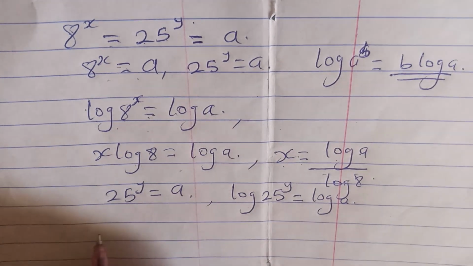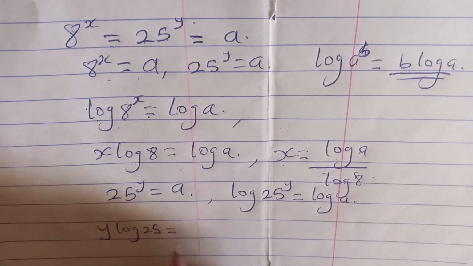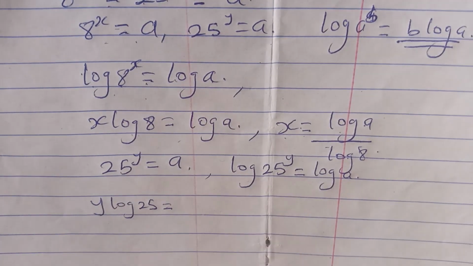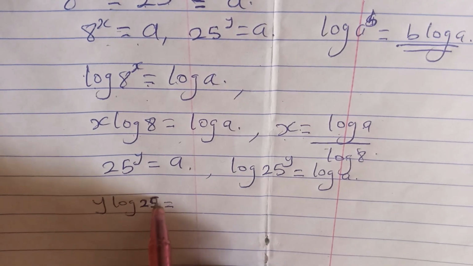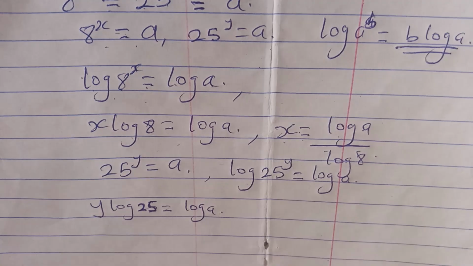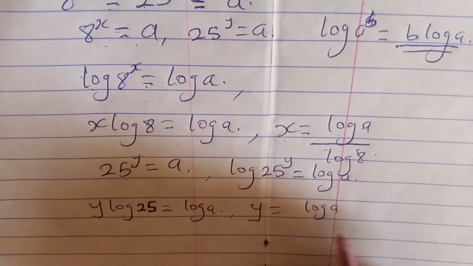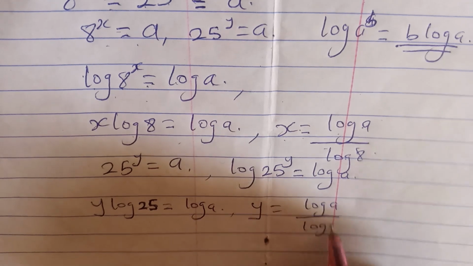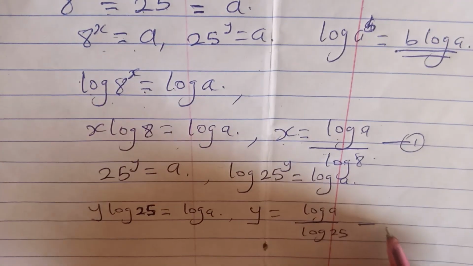In other words, y log 25 is equal to log a. Therefore our y becomes log a over log 25. I can call this one equation 1 and this one equation 2.